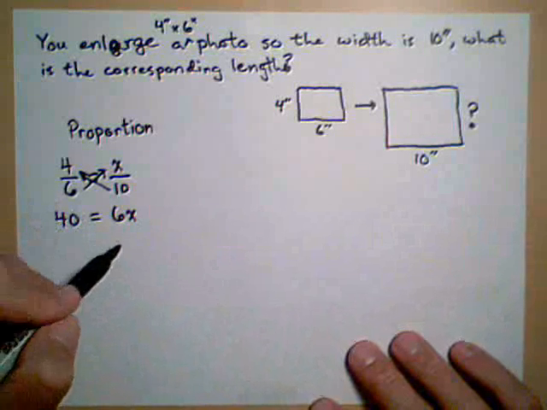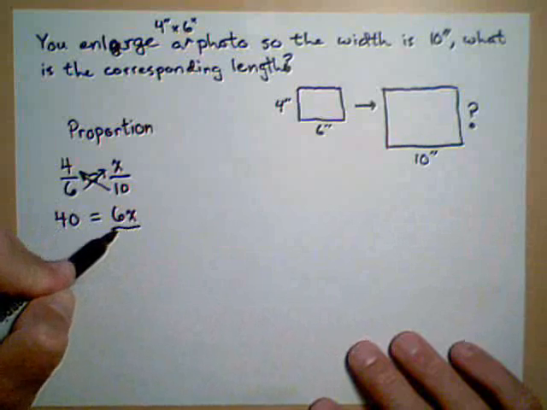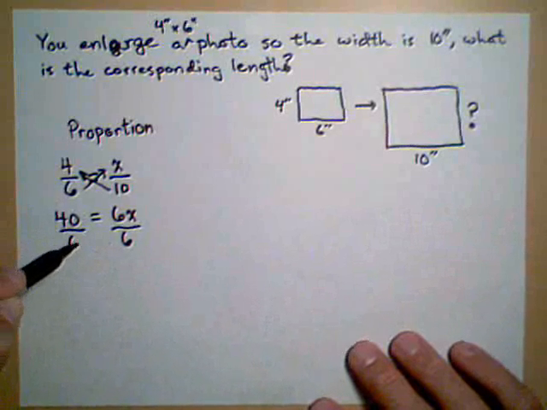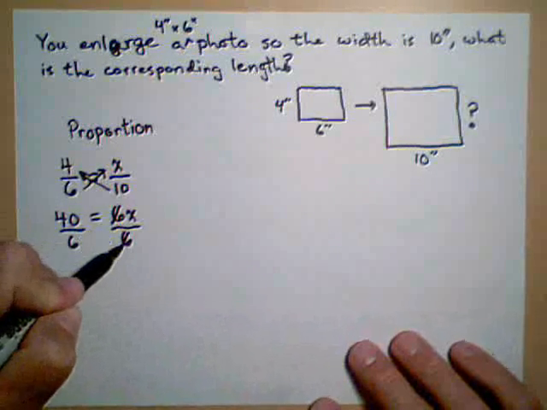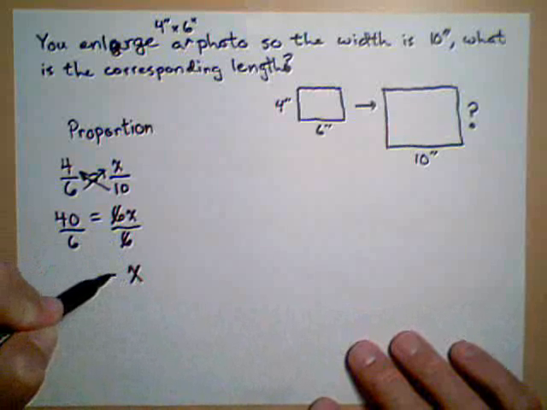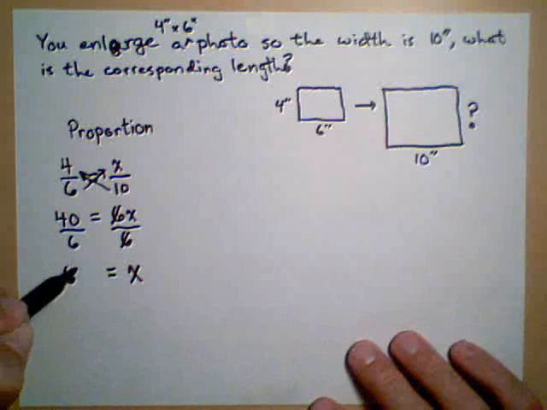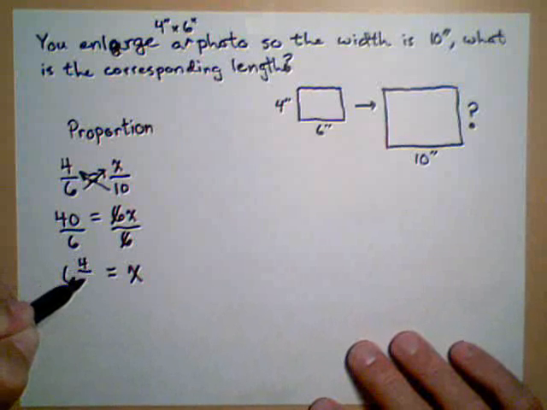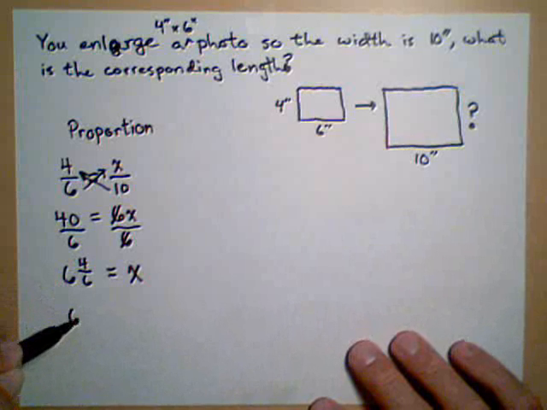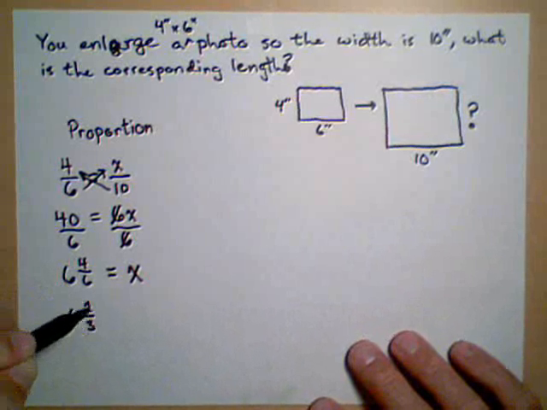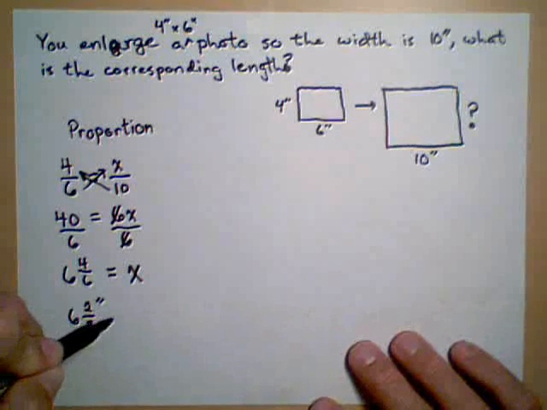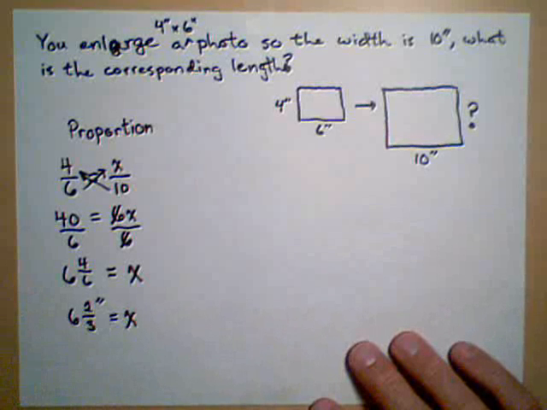And now we have a nice linear equation that we can solve by dividing both sides by 6. Because those cancel, and we get x equals 40/6. Or we can reduce this down to 6 4/6, or 6 2/3. And remember, this was in inches, so there's our new height.